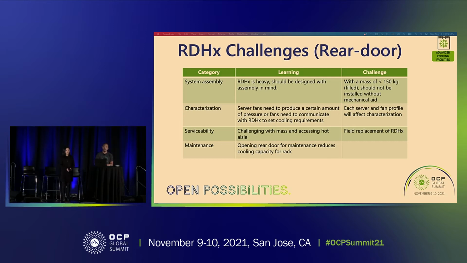The second challenge for our rear door heat exchanger is airflow characterization. In a rear door heat exchanger, the server fans and the rear door heat exchanger's associated fans are in series. The servers provide an impedance to airflow, and there are now two sets of fans in series, so they must work together in unison.